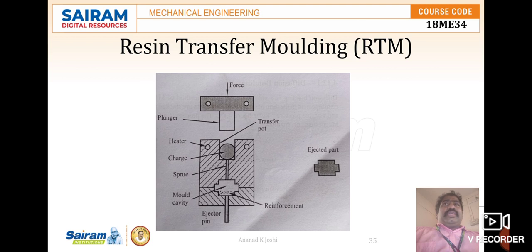The disadvantages are that the mold design is critical, control of the flow pattern and resin uniformity is difficult, and the investment cost is high.